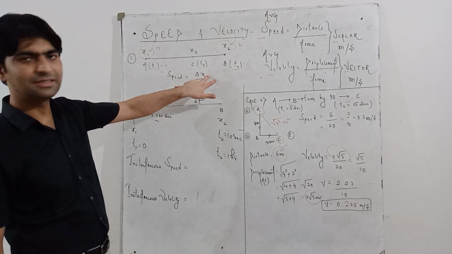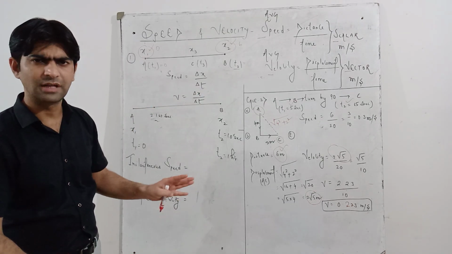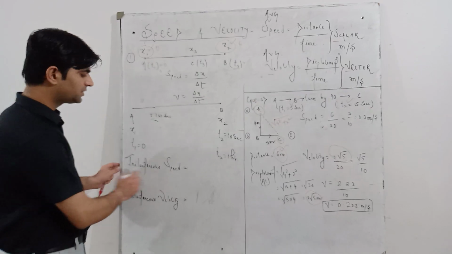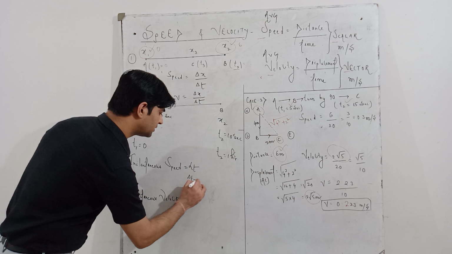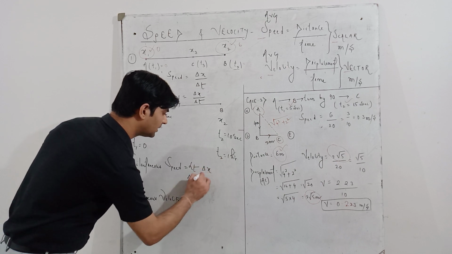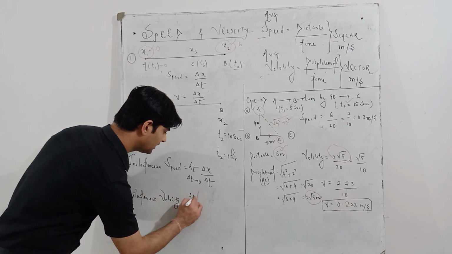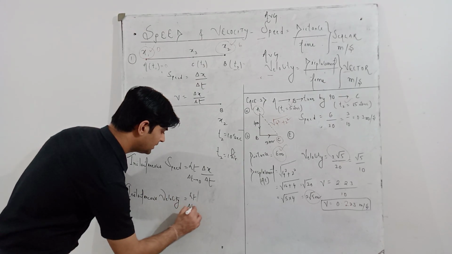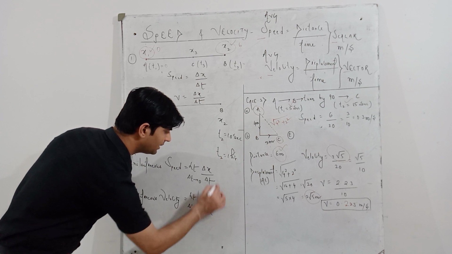Here x indicates distance, here x indicates displacement, whatever it will be for that particular case. So for instantaneous speed I will write limit del t tends to 0 del x upon del t, and for velocity again I write limit del t tends to 0 del x upon del t.